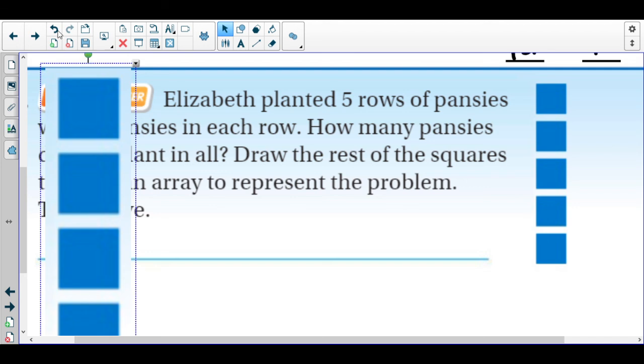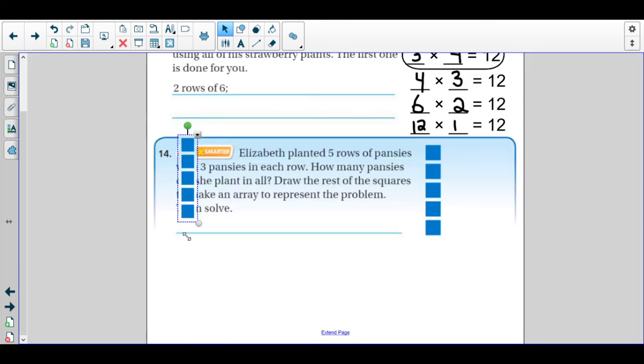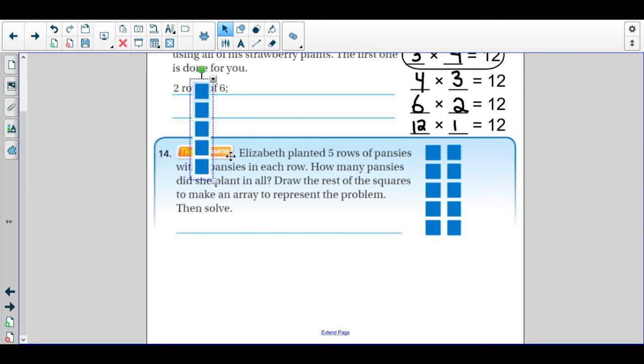I may have to zoom out here. All right, so there is the second, and now we've got the third.